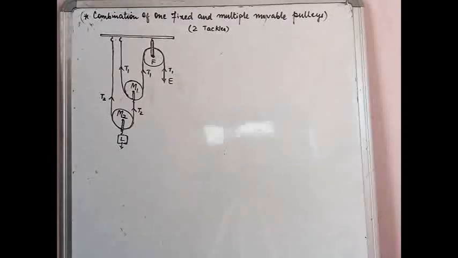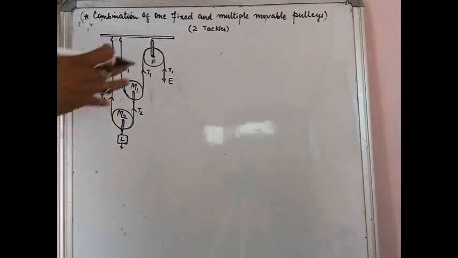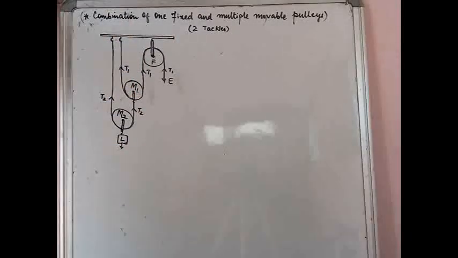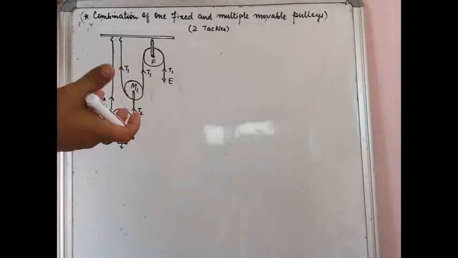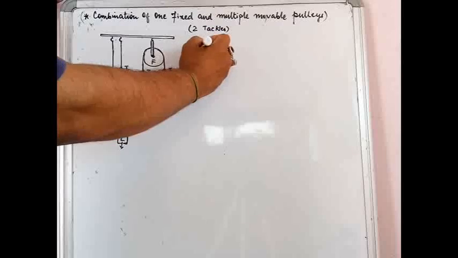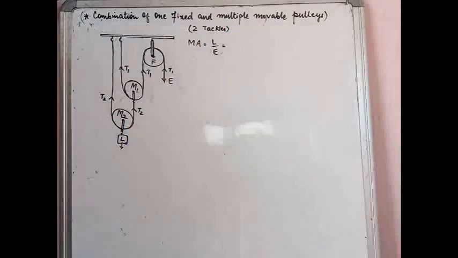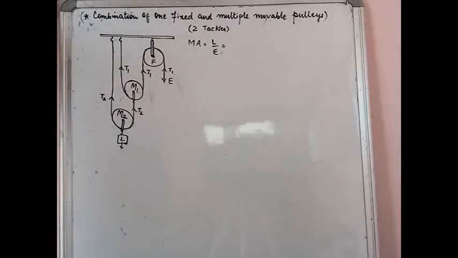Okay, so again, this setup, once the diagram gets completed, this becomes a combination of pulleys, which is in fact a machine. So for all machines we need to study the mechanical advantage, the formula for which is load upon effort. Okay, that's the common formula, the general formula that we have.